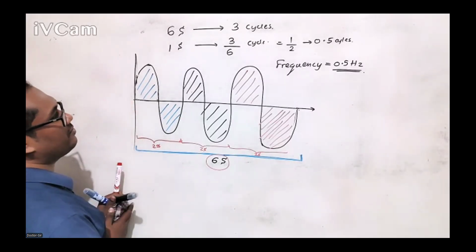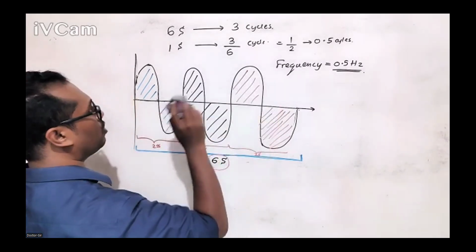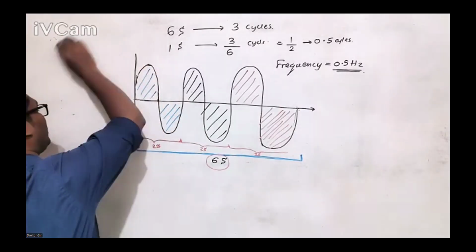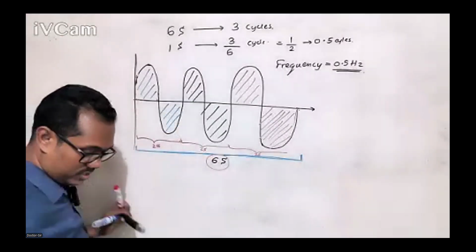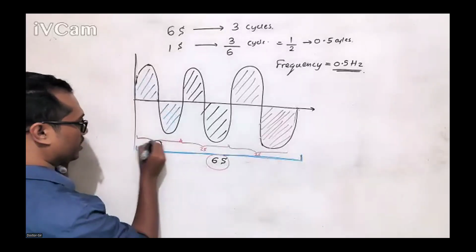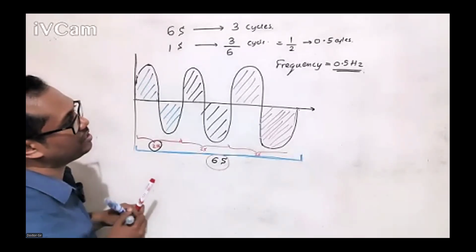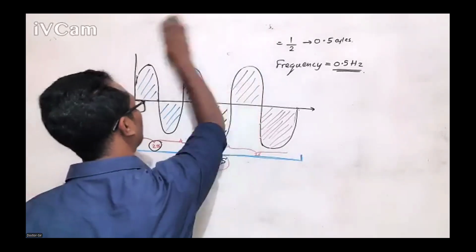Now we will build up something. This is the frequency, all right. If you made any mistake, you can correct it now. So frequency is 0.5. Now this is the period. The 2 seconds is the period. Now I will build a connection between these two.